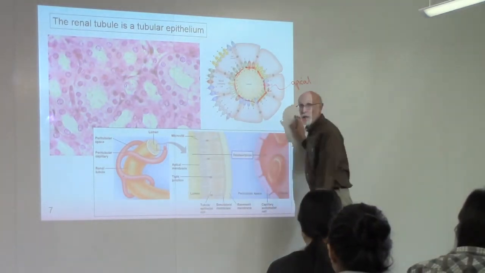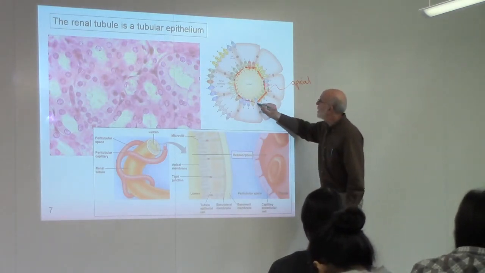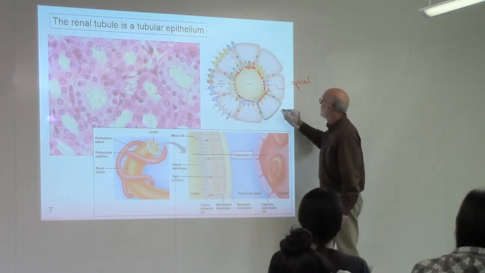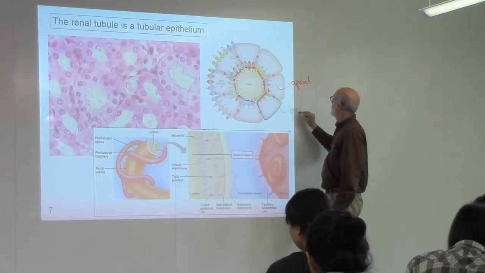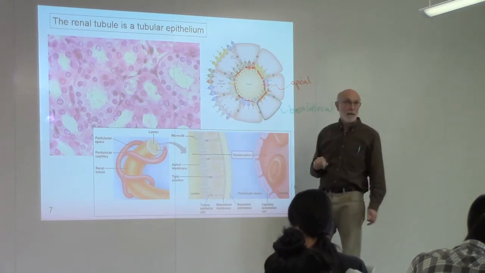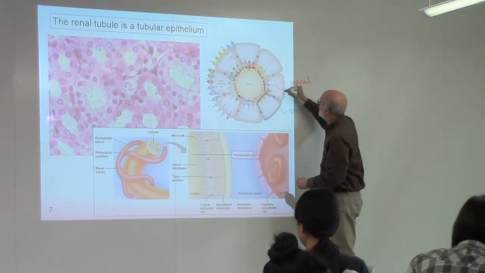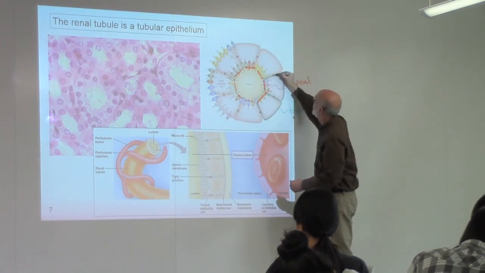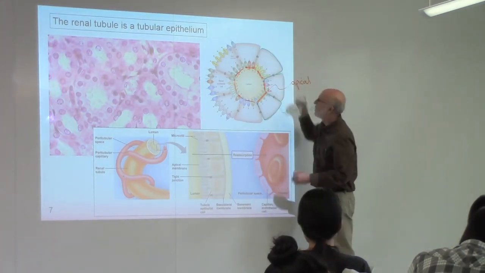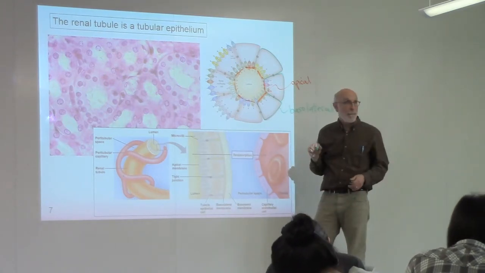The other cell membrane of an epithelial cell is the basolateral membrane. Basolateral. Lateral-baso. Basolateral. Okay?